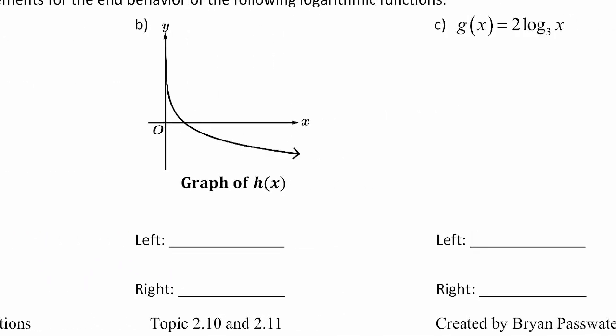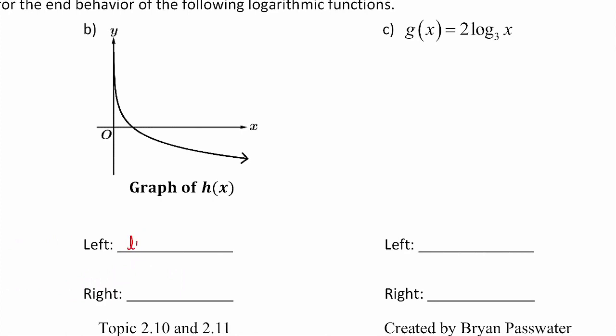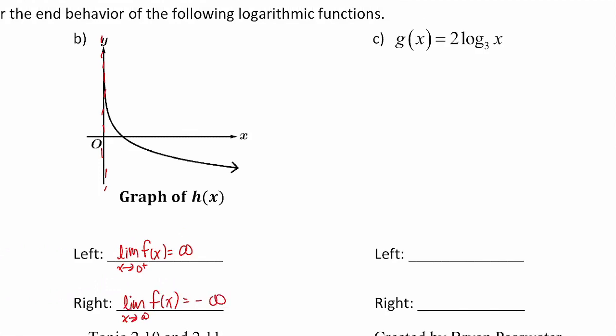Here's part B. The limit as x approaches 0 from the positive side. Again, we're referencing that they're approaching this asymptote here. The function now is approaching infinity. The right limit statement, the limit as x approaches infinity, f of x is going down towards negative infinity.